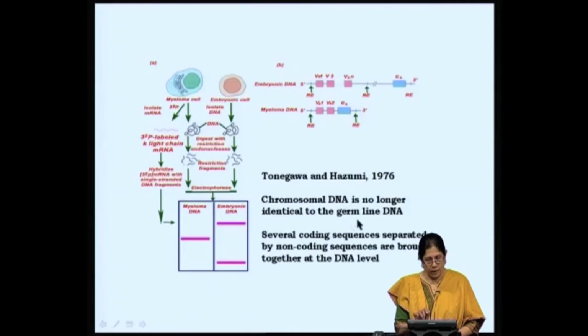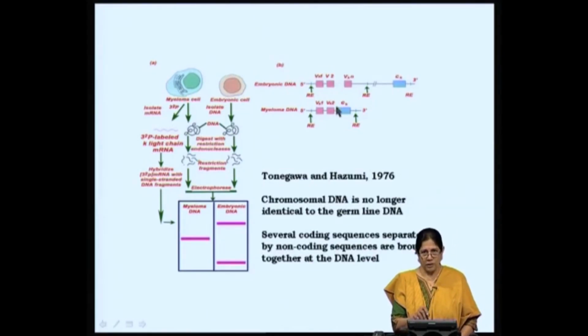Chromosomal DNA is no longer identical to the germline DNA, and now what did they observe here? That several coding sequences separated by non-coding sequences in the germline DNA are brought together at the DNA level in the B cell.